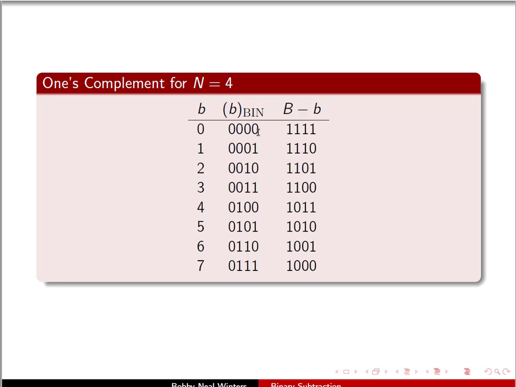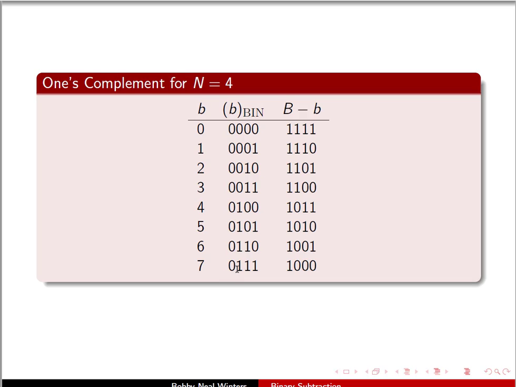Again, with 4 bits, 0 is represented as 0, 0, 0, 0. 1 is represented as 0, 0, 0, 1. 2 is represented as 0, 0, 1, 0, and so forth. You can look down the line. We're just counting our way up in binary, clicking over each time to add a new one. But we're going to stop here at 7.